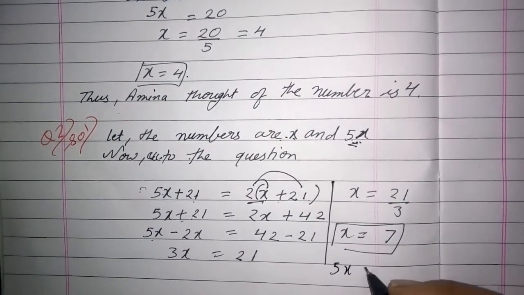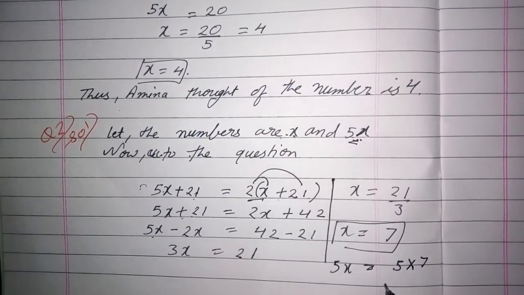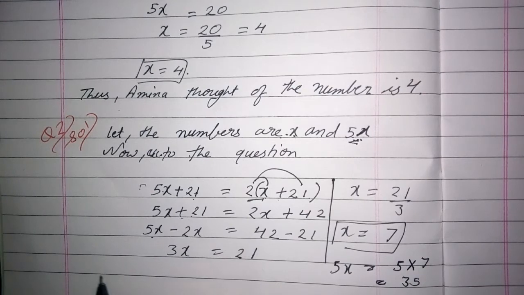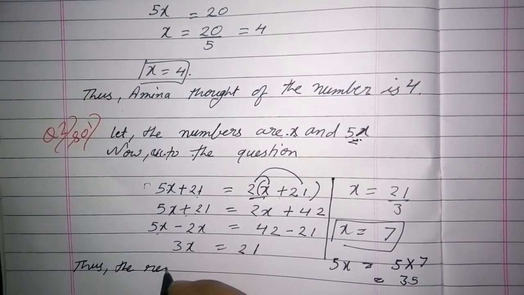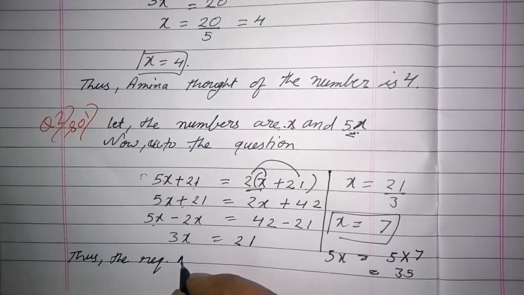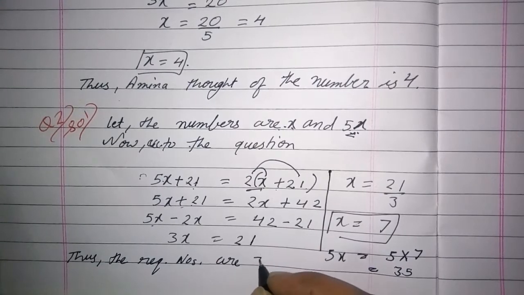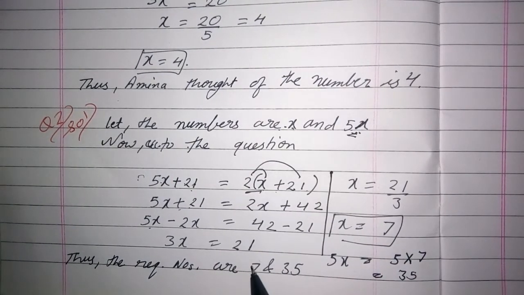So 5x equals 5 into 7, and 5 into 7 is 35. So thus the required numbers are 7 and 35.